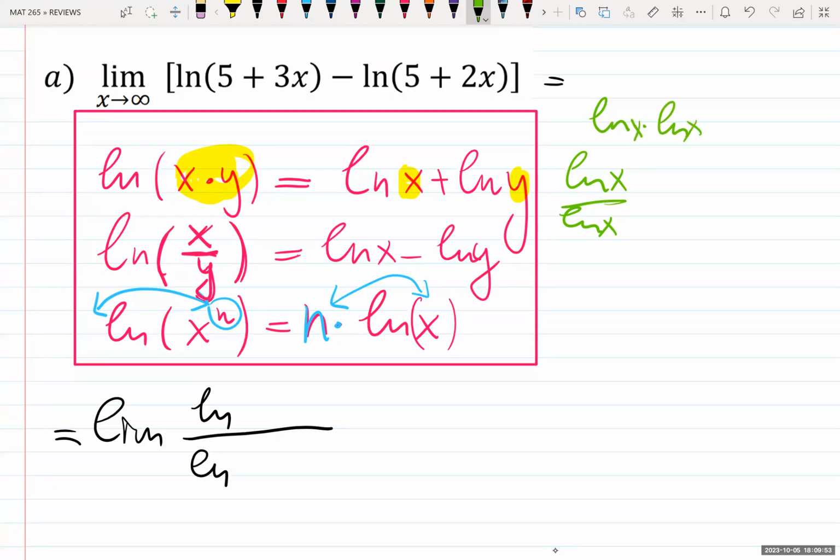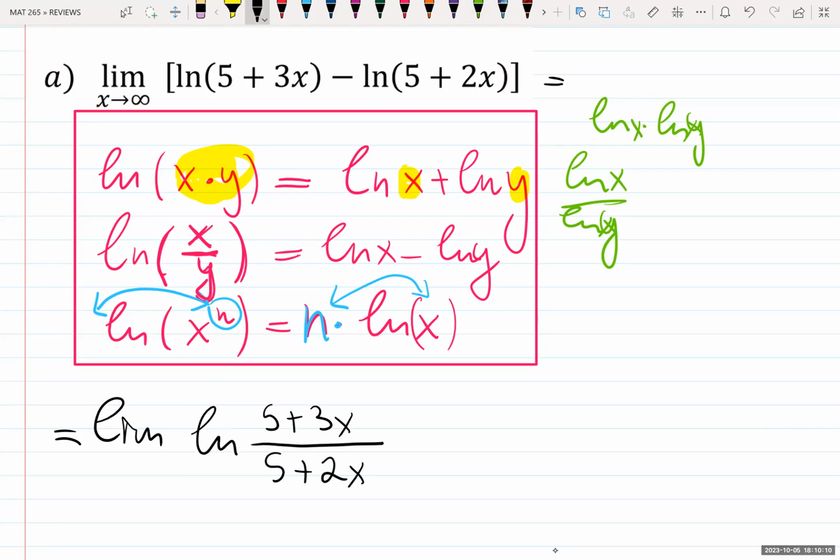There's no formula for that. It doesn't work with output. It helps you with inputs. So it's going to be ln, and inputs are now combined into the ratio 5 plus 3x over 5 plus 2x. I just remember whatever has a negative sign goes to the bottom.